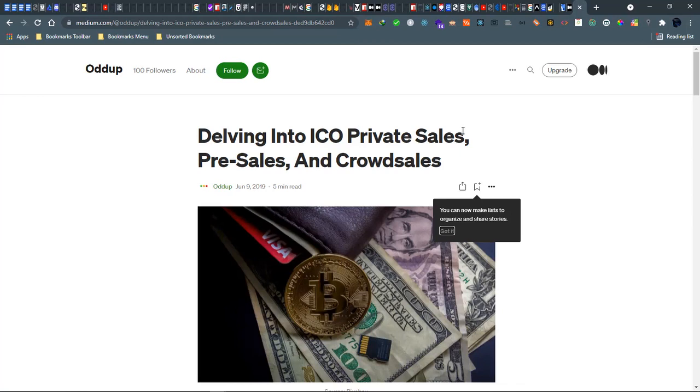In a private sale, they normally do whitelisting. Whitelisting is like a booking. I'm booking for this particular amount of coins. You give out your money, and then we wait for the ICO or the pre-sale. So whitelisting is like a booking.